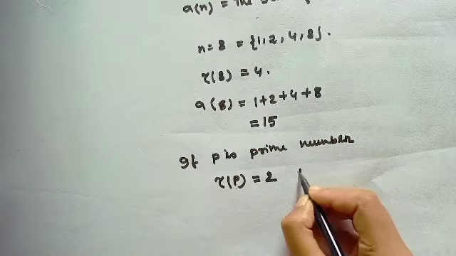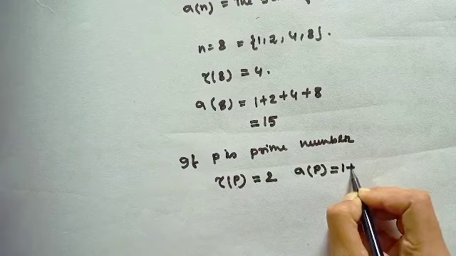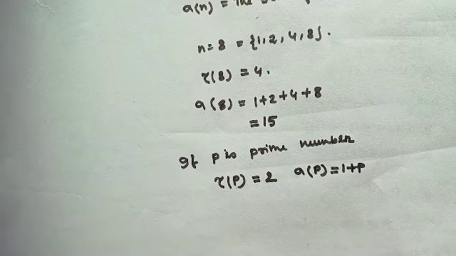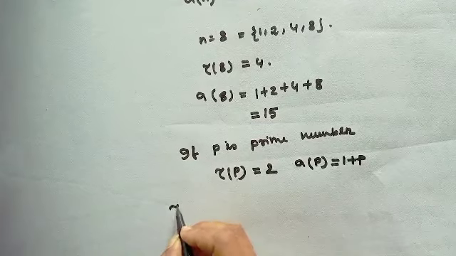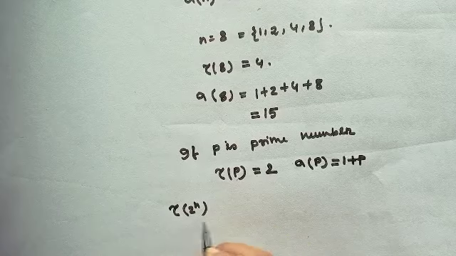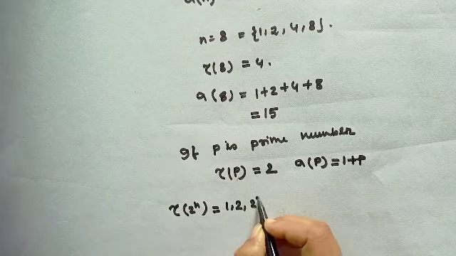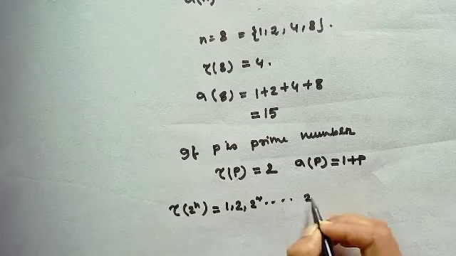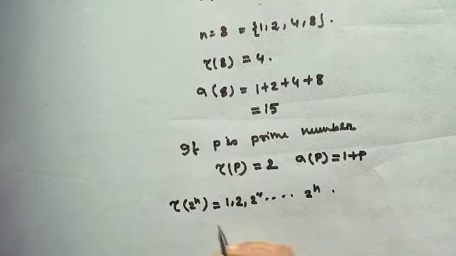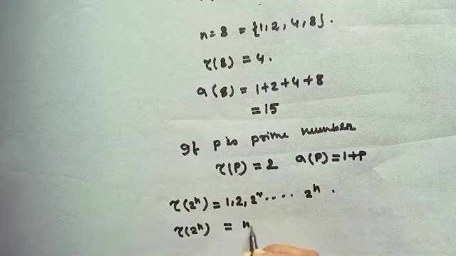And sigma p equals 1 plus p. Okay. Well, what will be tau of 2 to the power n? Tau of 2 to the power n: the divisors are 1, 2, 2 square, up to 2 to the power n. That means tau of 2 to the power n equals n plus 1.